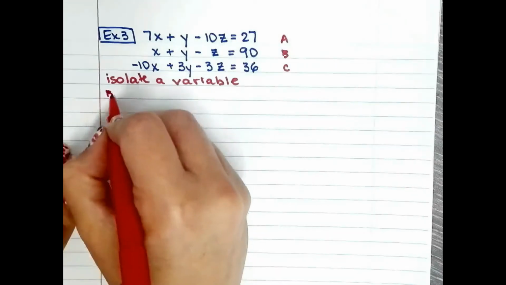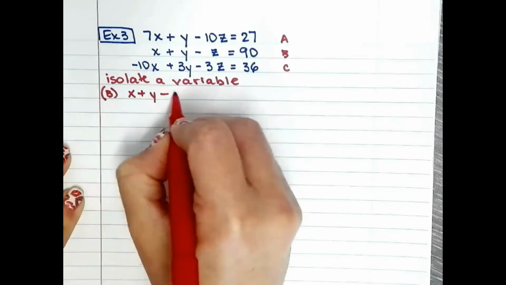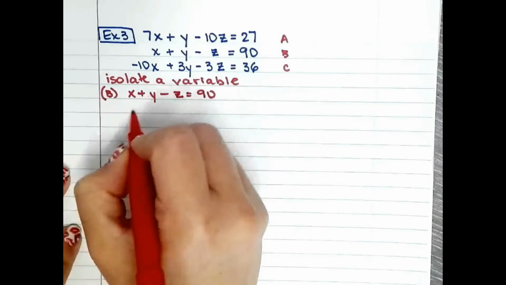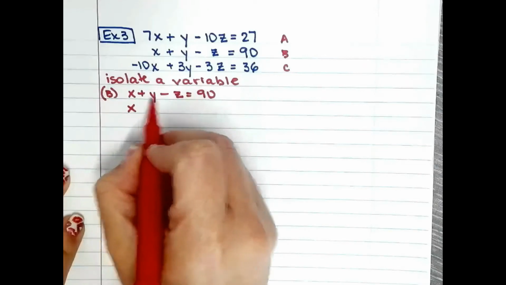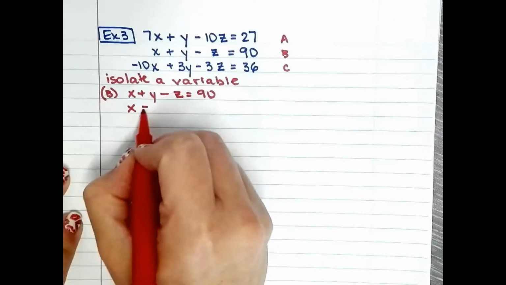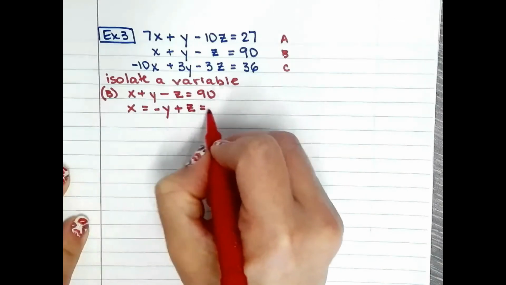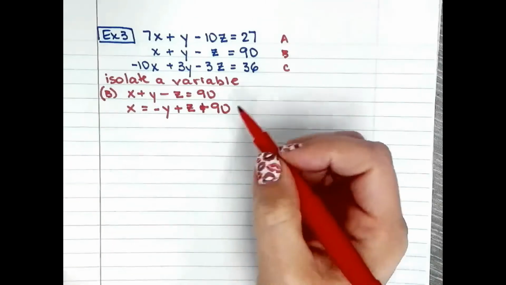Starting at B right there, this is my original equation. I will isolate x by subtracting y from both sides and adding z to both sides. So I have -y plus z plus 90. That's plus there, sorry about that.